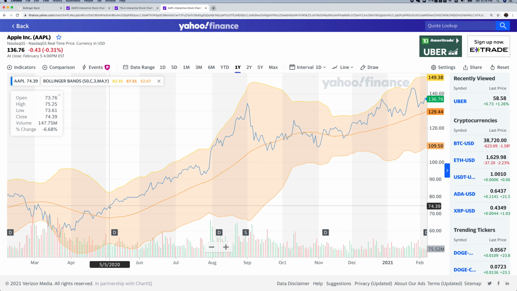But 20 periods and 2 times standard deviation is the recommended setting for most of the resources you can find about Bollinger Band on the internet. That's something that people have found to be effective and empirically useful from probably a very long history of time. So you can just simply take that parameter setting as other people recommended.